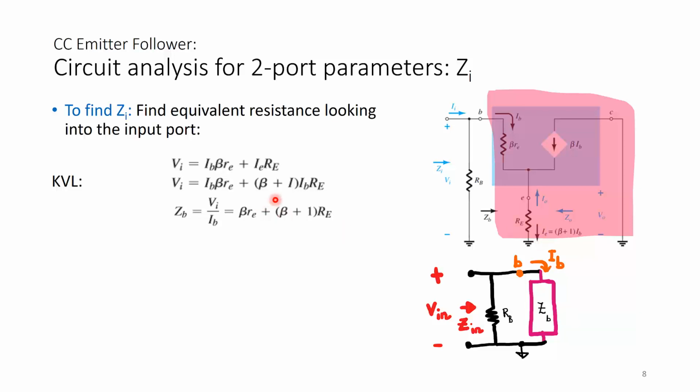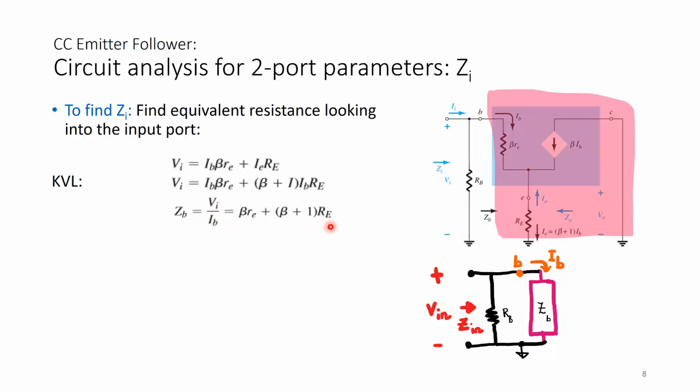Replacing IE with beta plus 1 IB, which we already know, whether it is a DC value or a small signal AC value is the same. So IE is equal to beta plus 1 IB. Rewriting this equation as Vin over IB, because what we actually want is ZB, and ZB is beta re plus beta plus 1 RE.